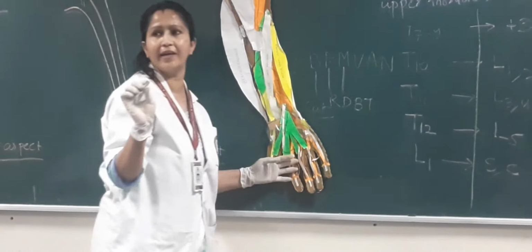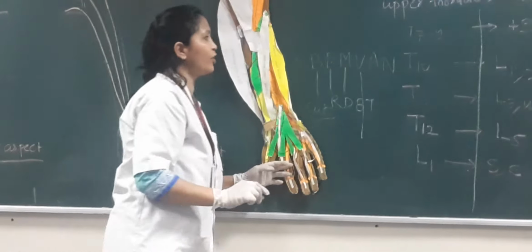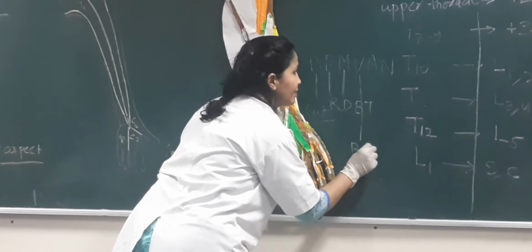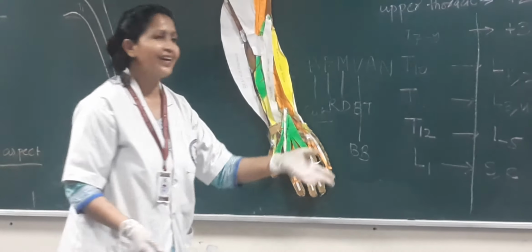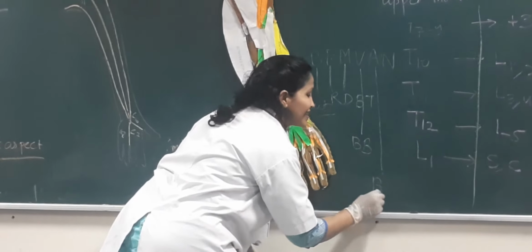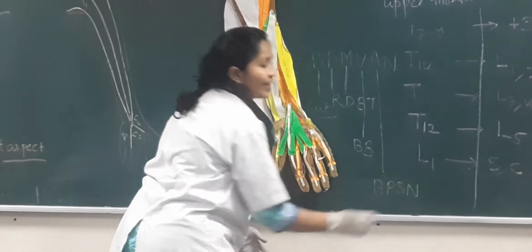Vein. Vein of whom is BB. So it is BB. Artery of whom is husband, who is usually very troubled: BPSN.